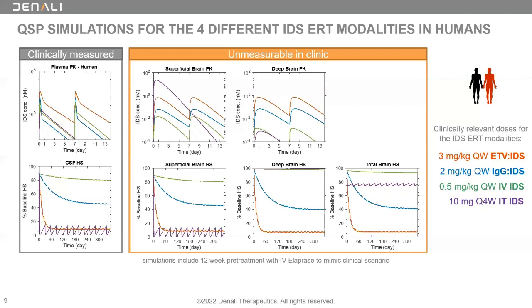What we are seeing is the predictions for the PK for ETV IDS and IgG IDS are fairly comparable in both brain regions, superficial and deep, and that is consistent with the mechanism of uptake that we established across the BBB using transcytosis.